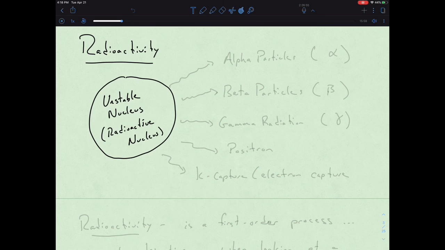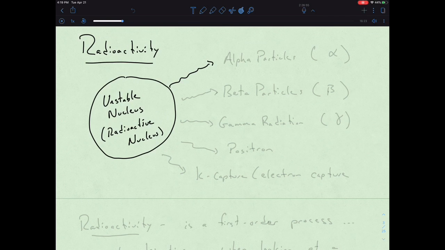And that's going to emit certain types of particles, certain types of light, right? And that's what Becquerel was observing, right? He was observing light that was developing his photographic plates. So we find that now there's multiple ways that these radioactive nuclei or unstable nuclei can emit this type of radiation.